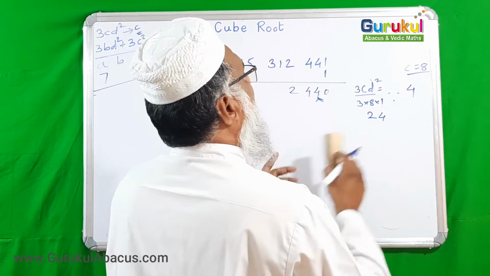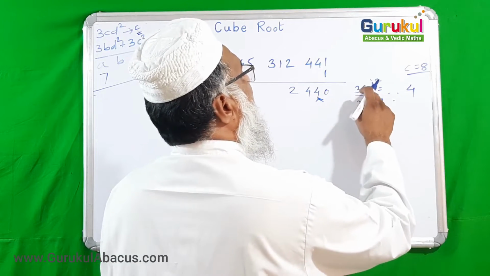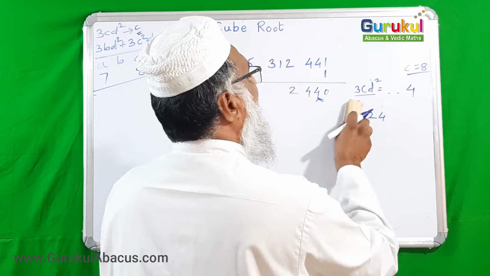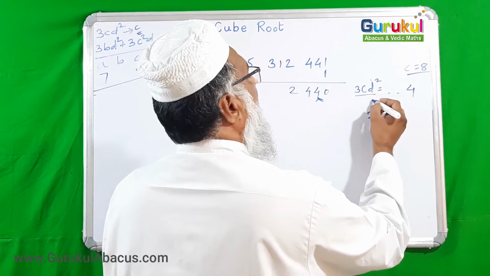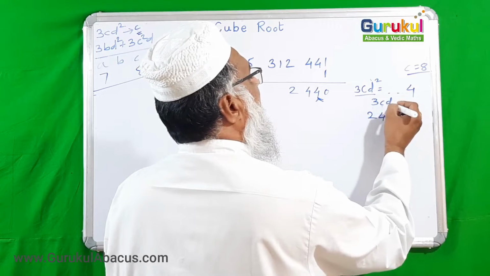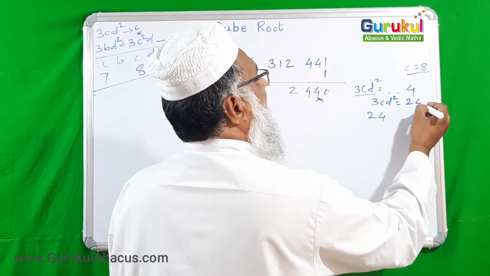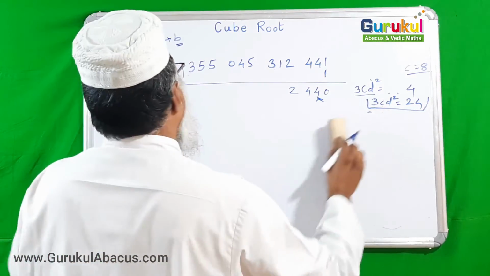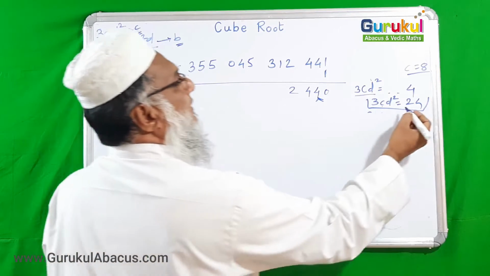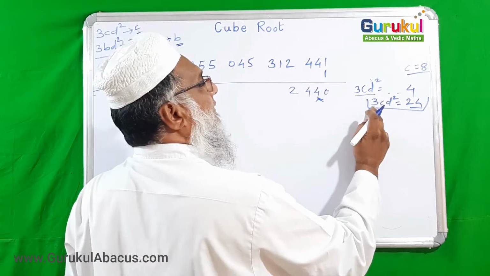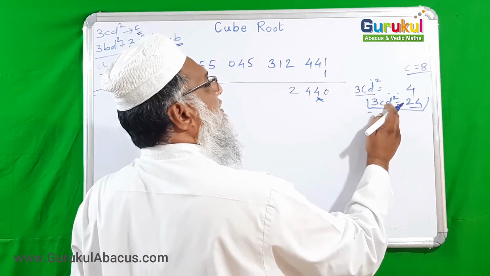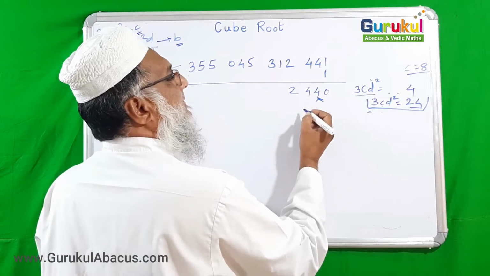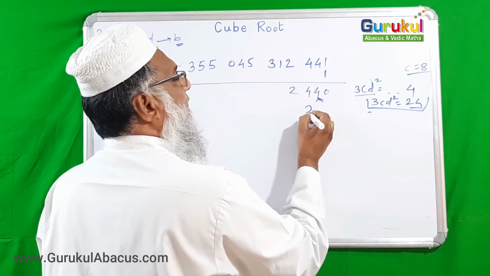So what did we get? The value of 3CD square is 24. Just now we multiplied, and to get the value of B, first of all we should subtract this value of 3CD square. So let us subtract.